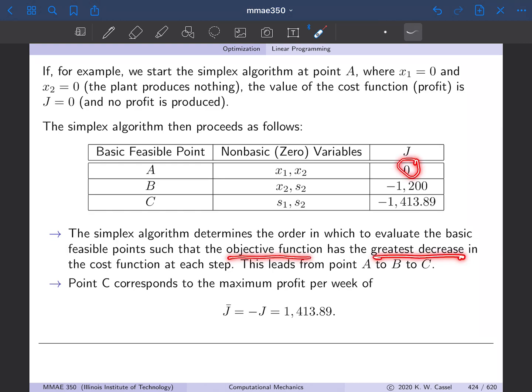So starting with point A, which one, B or E, would give me the greatest decrease in the objective function, and we hope that that's going in the direction that will give us the minimum. So that again leads us from A to B to C. And then point C corresponds to the maximum profit per week, which is 1,413 and 89.